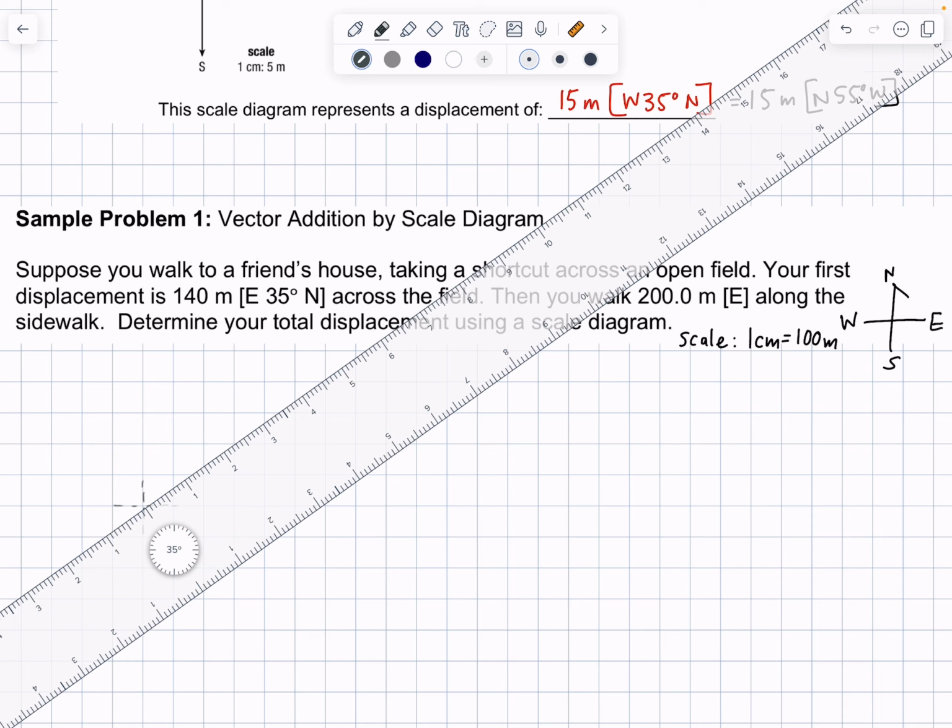A vector of 140 meters would then be 1.4 centimeters on this page.